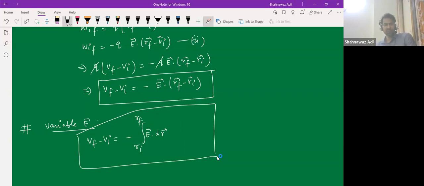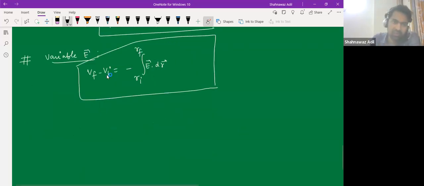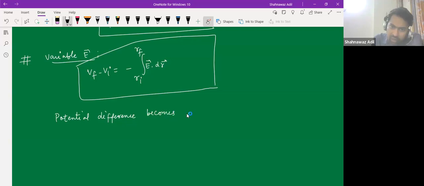And if I take my initial point to be infinity, then the potential difference becomes the electric potential, when the initial point is infinity.